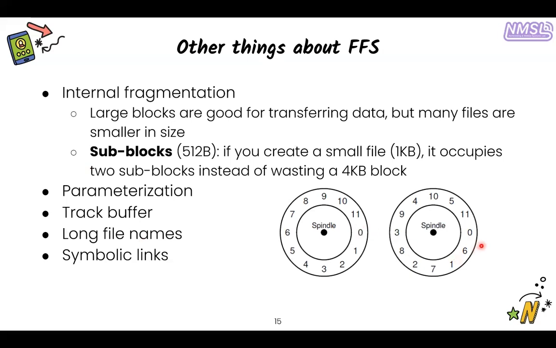So you want to spread things out, like 0, 1, 2, 3, so that if you do sequential access, you don't miss it and have to spin another round. Those kinds of things were what enabled FFS compared to the older one, and also enabled longer file names so that we can be more descriptive of the files. Symbolic links were enabled in FFS as well.